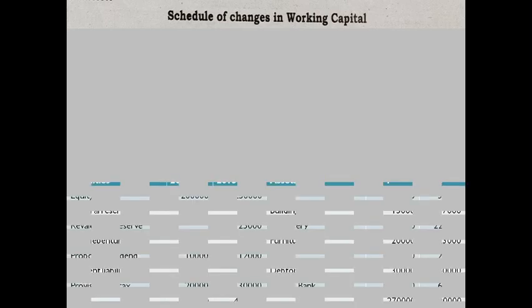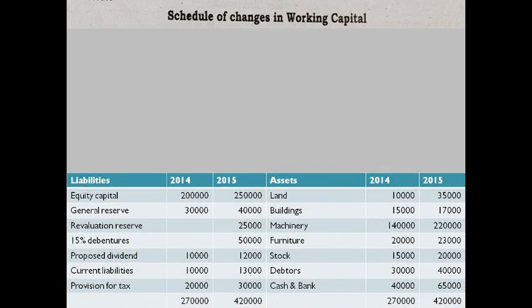You have to be familiar with the pattern in which the schedule is prepared. This was the comparative balance sheet given in the question, and on the basis of its details you need to prepare the schedule of changes in working capital.